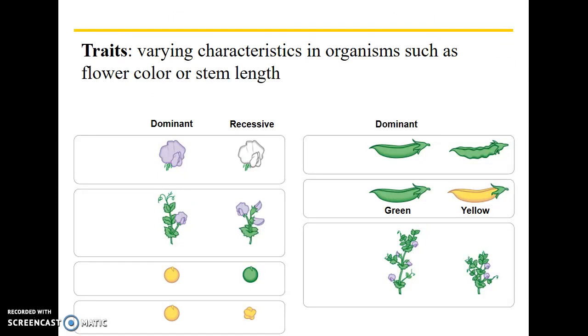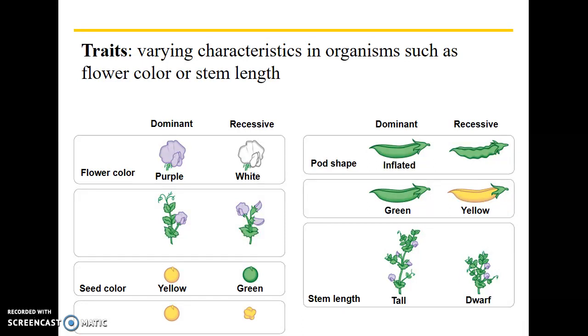So there will be a lot of new vocabulary to learn with this lecture, but some of it's fairly intuitive. And some of it definitely is vocabulary that you've heard before. For example, traits. These are just varying characteristics in organisms. In the case of the pea plants that Gregor Mendel was studying, these would be things like different flower colors or different stem lengths.